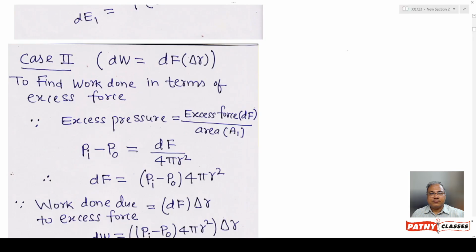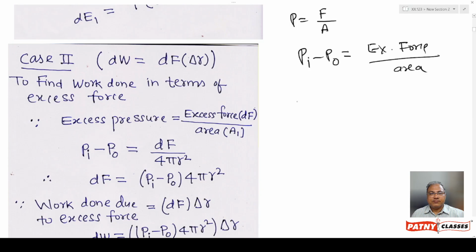Now the excess pressure, that is Pi minus P naught, equals the excess pressure. We know that pressure equals force upon area. This is a basic formula. So Pi minus P naught, the excess pressure, equals excess force divided by area. So Pi minus P naught equals dF divided by area A1.